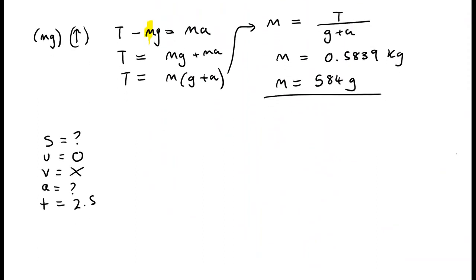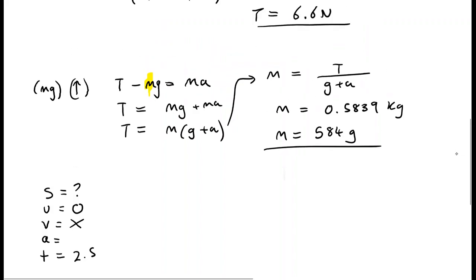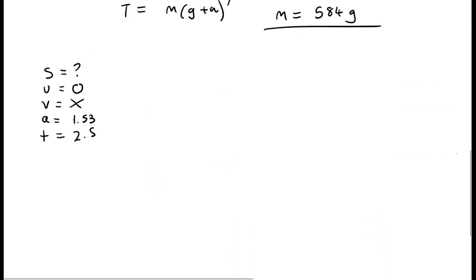The system is still released from rest. We don't know the final velocity. We do know the acceleration to be 1.53. So we would like to use the equation that doesn't have v again.